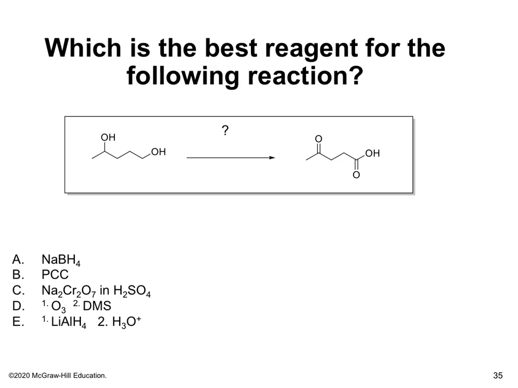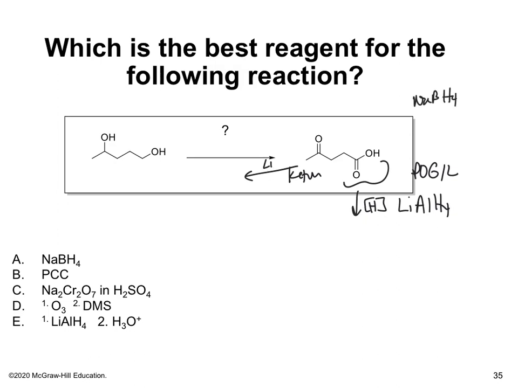So carboxylic acids get reduced with a really strong reducing agent, lithium aluminum hydride, whereas a ketone can get reduced with something mild like sodium borohydride, but it also will get reduced with lithium aluminum hydride.